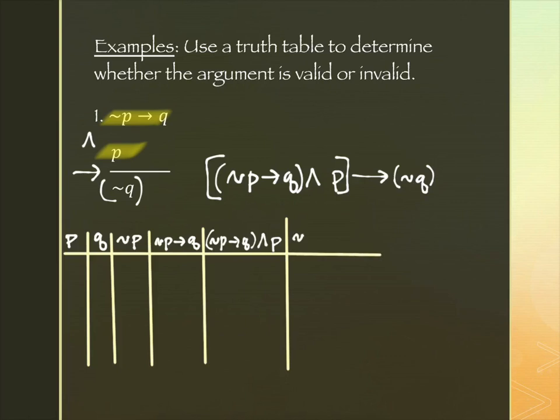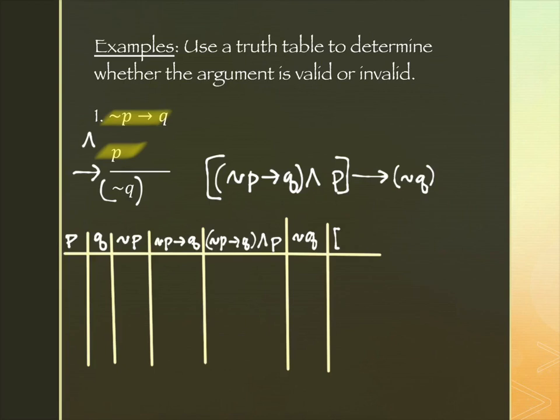So I have my tilde Q column. So the part here is in brackets. The tilde Q is the part that's after my arrow. So the last thing to do is to string it all together now in my last column header. So my last column header is going to be the entire statement.